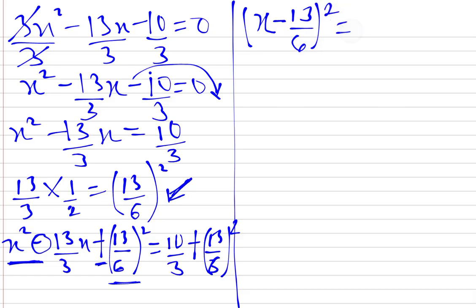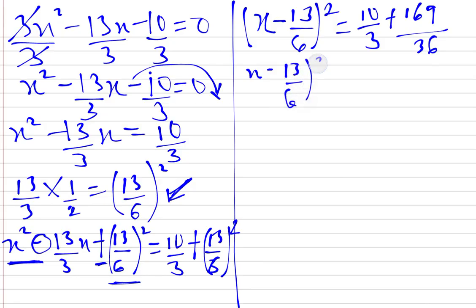And that will give us equals to 10 over 3 plus square root of 13 is 169, and then square of 6 is 36. So we have x minus 13 over 6 all squared equals to what?